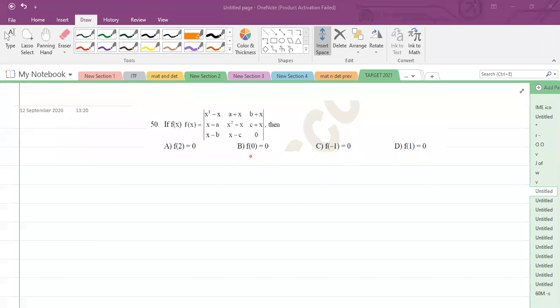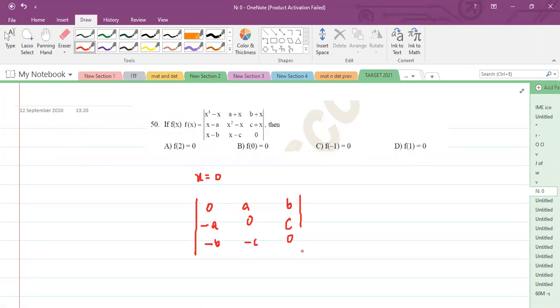So first of all, let me find what is f of 0. So I will substitute x is equal to 0. If I substitute x is equal to 0, this is 0, a, b, minus a, 0, c, minus b, minus c, 0.